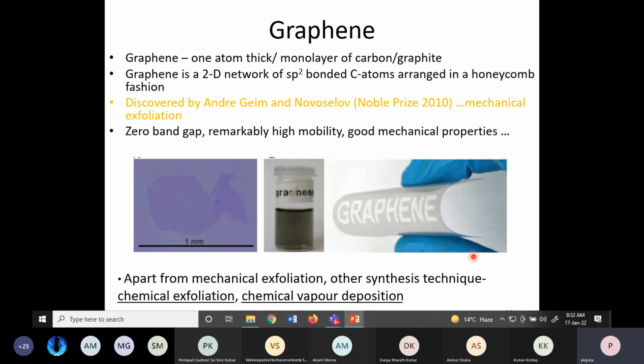One of the applications is flexible electronics. By flexible I mean you can develop your system on a piece of paper, on clothes, on plastic. Maybe you can have your TV on a piece of plastic paper.